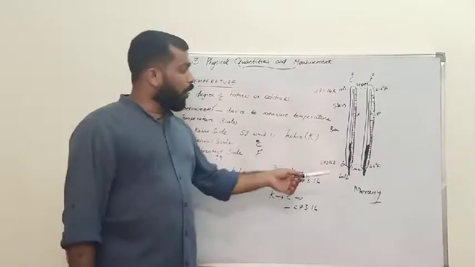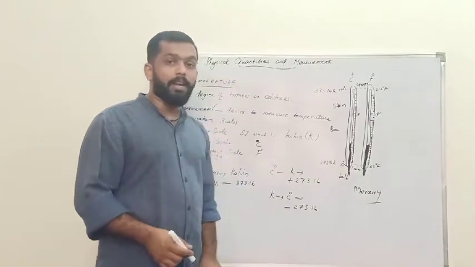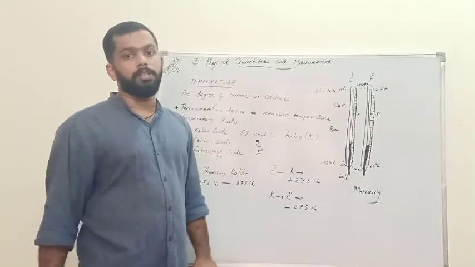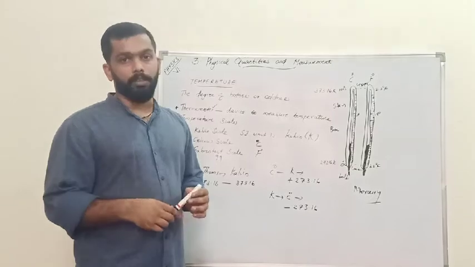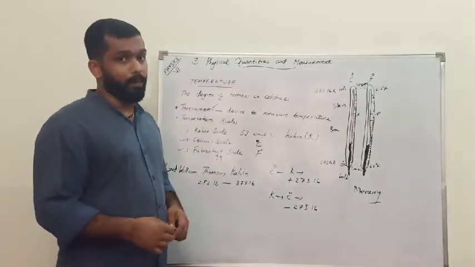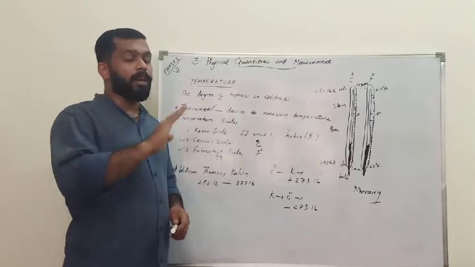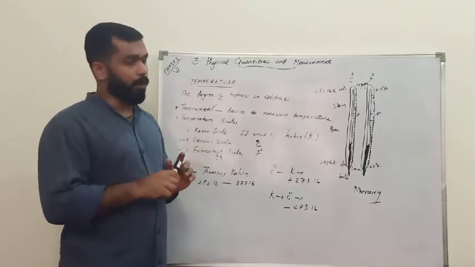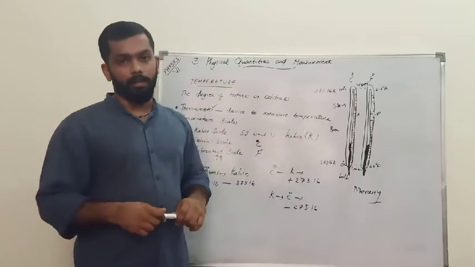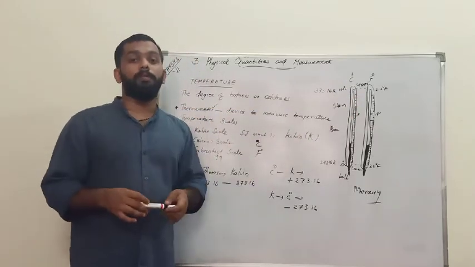Again, the lower limit of temperature is taken as the freezing point of water. Normally 0 degree Celsius is the freezing point of water. The temperature at which the water turns to ice is called the freezing point. And the upper limit will be taken as the boiling point of water, the temperature at which the water starts boiling.